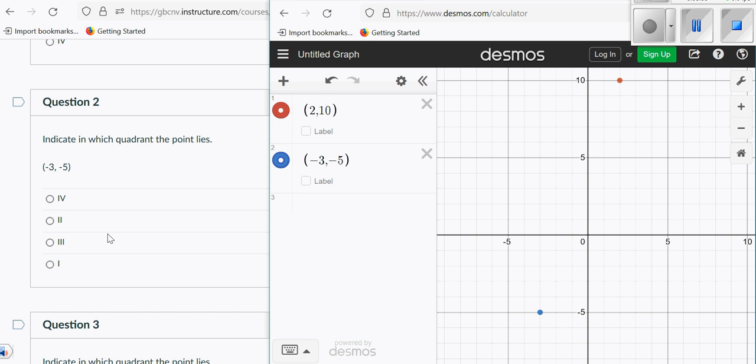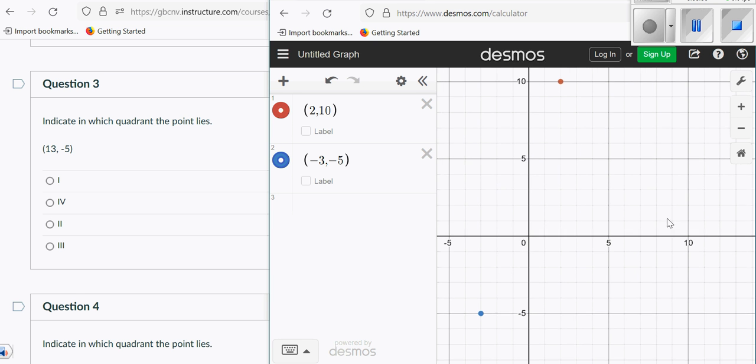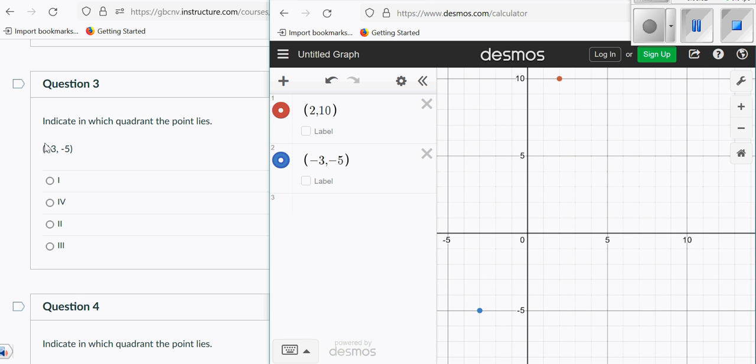Now, question 3, indicate in which quadrant the point is. We have 13 for x. The first number always stands for the number on the horizontal axis. 13 is always for the x-axis.